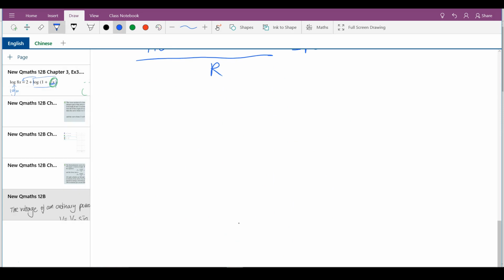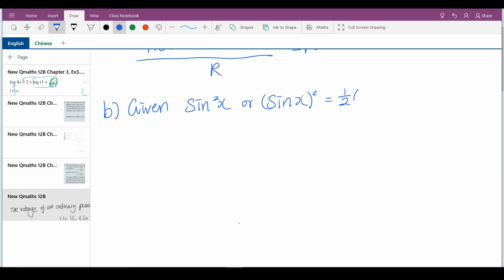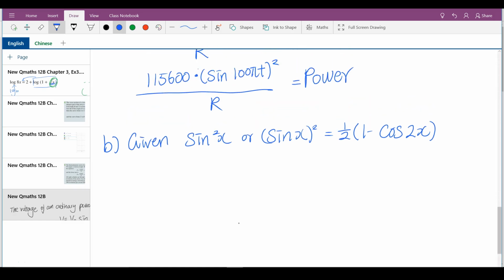So B. Given sine square x is equal to half bracket 1 minus cos 2x, we can convert our previously constructed power equation into something that we can integrate.